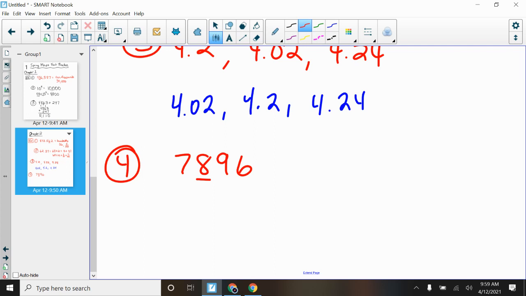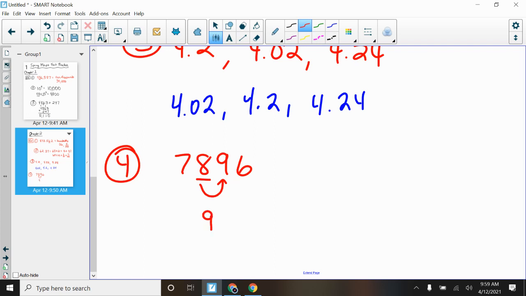If what's 5 or higher, what do I have to look at? You have to look at the number to the right. Yes, I gotta look at the number to the right. So if 8 is my underlined digit, the number to the right is a 9. Remember our little rhyme? It says if the number to the right is 5 or more, go up a floor. So what will 8 turn into, Addison? It will turn into a 9.